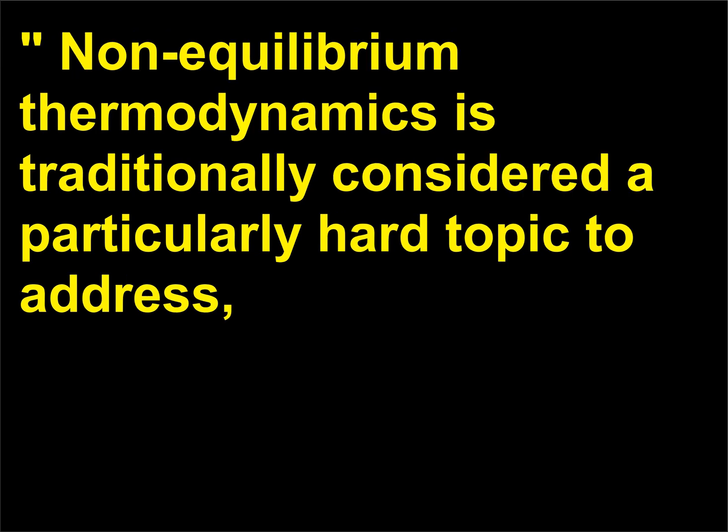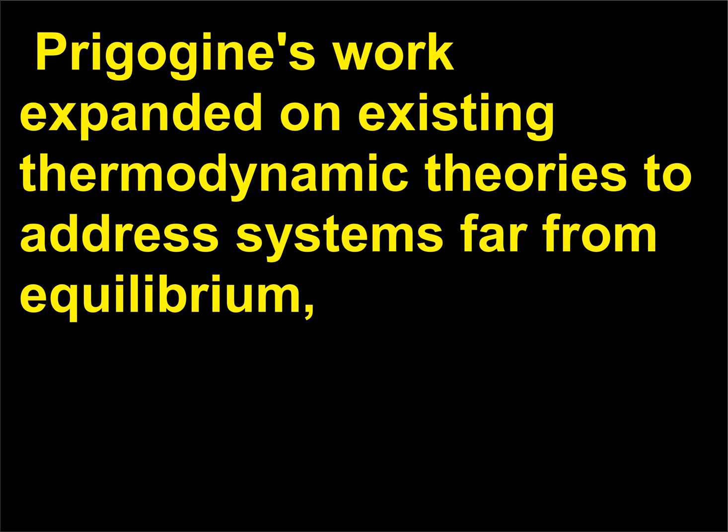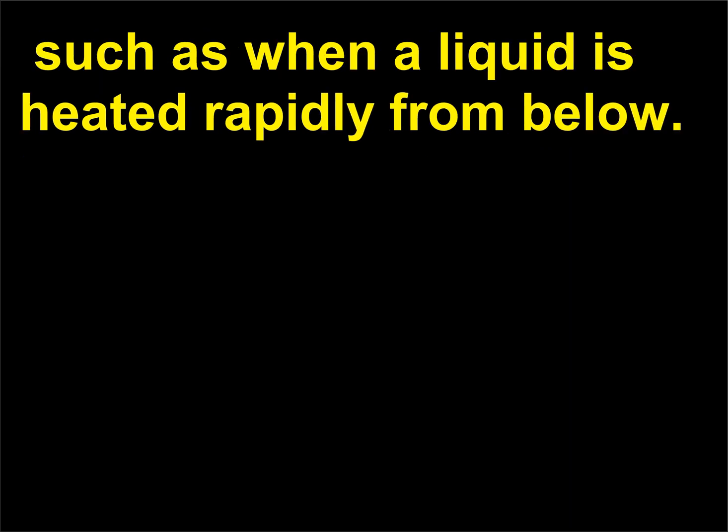Non-equilibrium thermodynamics is traditionally considered a particularly hard topic to address, because the assumptions one can usually make regarding the behavior of molecules are thrown out the window. Prigogine's work expanded on existing thermodynamic theories to address systems far from equilibrium, such as when a liquid is heated rapidly from below.